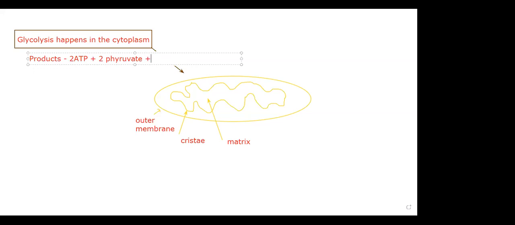So altogether, there are only 2 ATP as a profit, and 2 NADH. Those are the products.